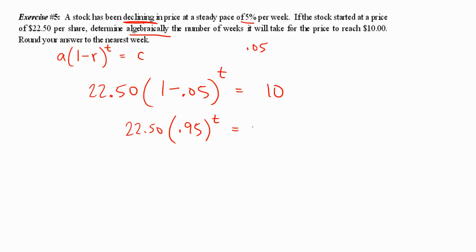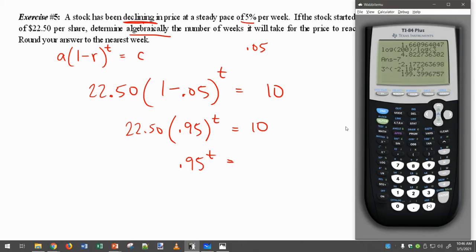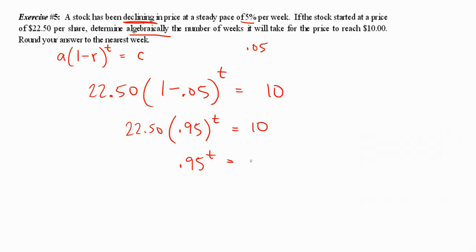Or you could write x, doesn't matter. But if I've got this 22.50 over there, I need to divide. So 0.95 to the t equals 10 divided by 22.50. That's 0.4 repeating. So if you write 0.4, this is wrong. We need all of those 4s.